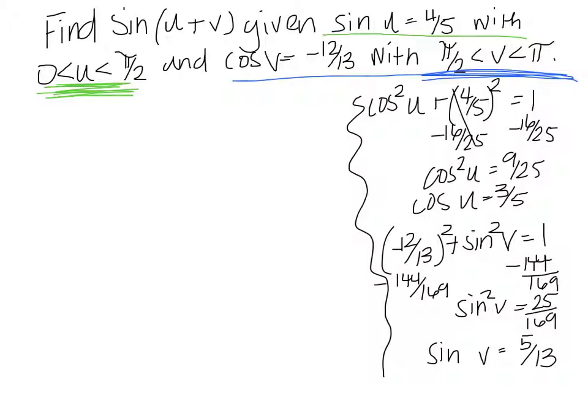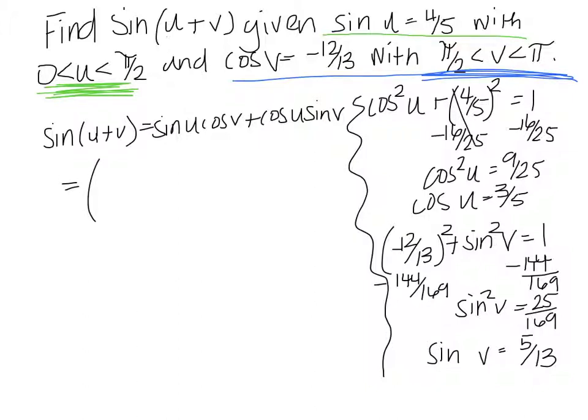Now we're going to go back and do the sine of U plus V. Remember the formula, sine of U plus V equals sine U cosine V plus cosine U sine V. What's the sine of U? 4/5.